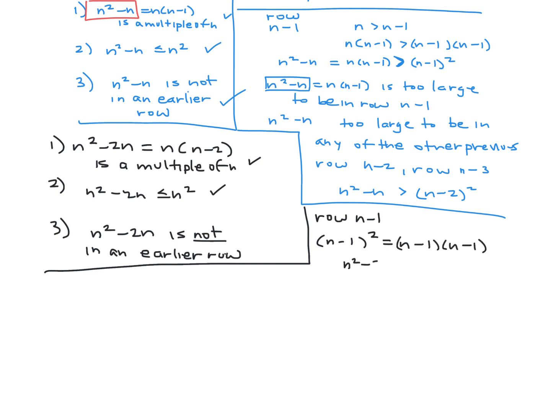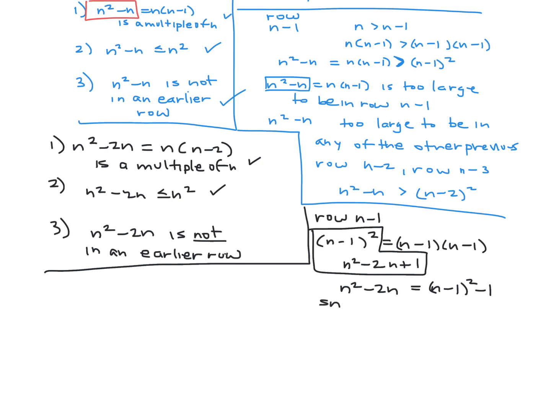So that's n squared minus 2n plus 1. And therefore, if we were to modify it a little bit, it would be n squared minus 2n on one side, and then n minus 1 squared minus 1 if you put the minus 1 over.